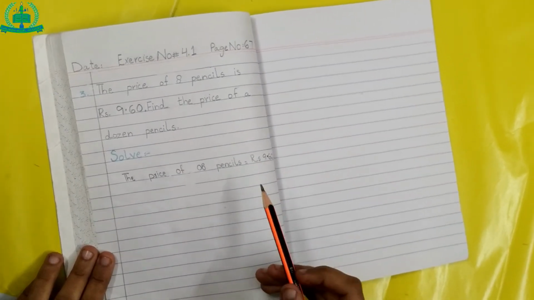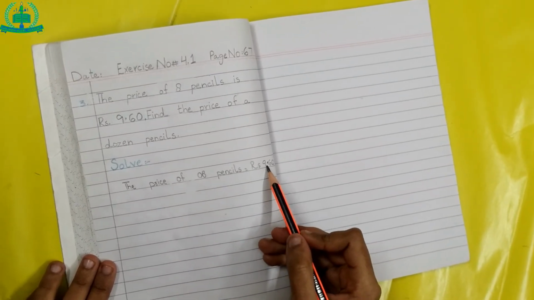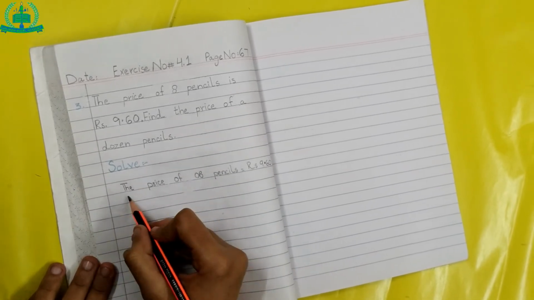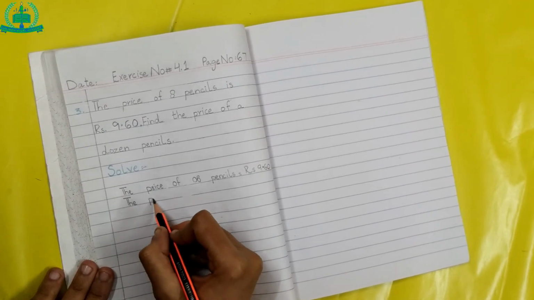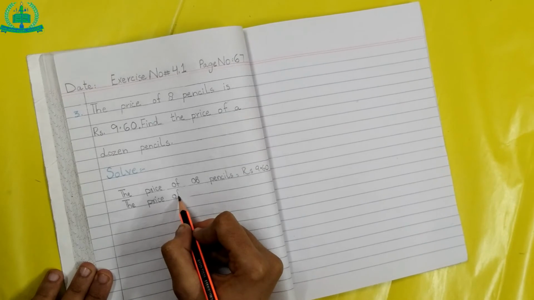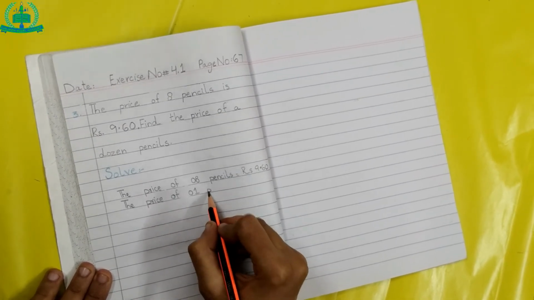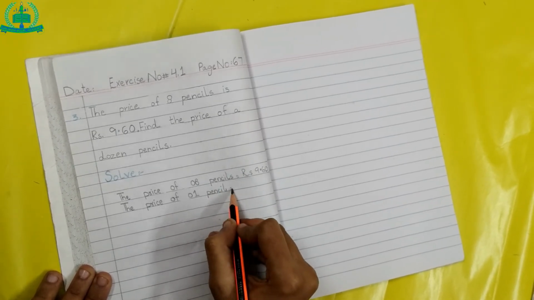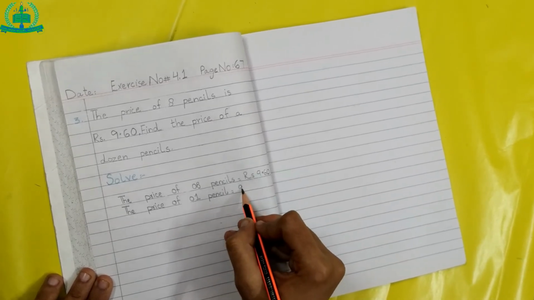To find price of 1 pencil, we need to divide price of 8 pencils by the number of pencils. The price of 1 pencil is equal to price of 8 pencils, 9.60.